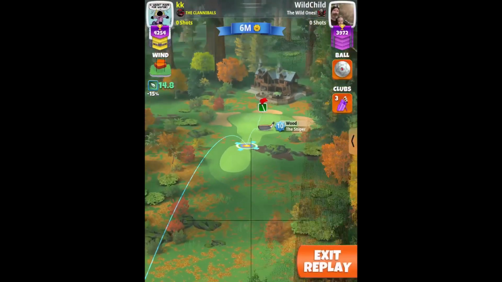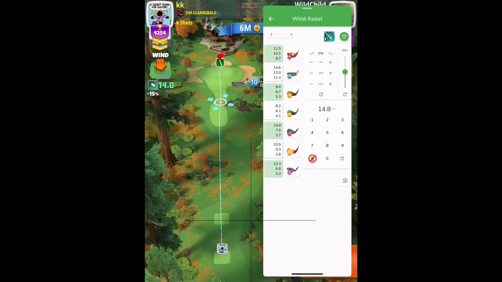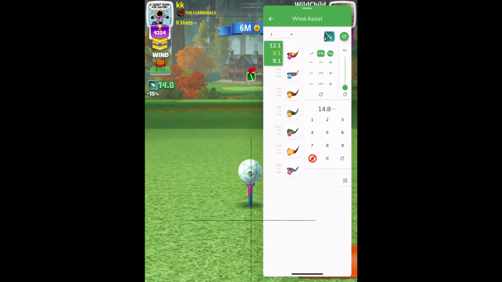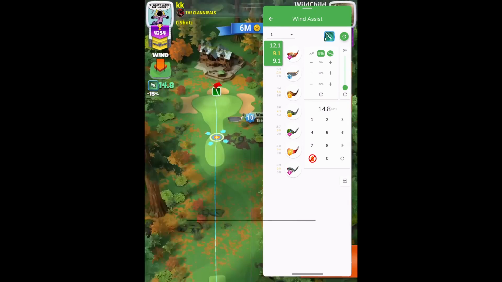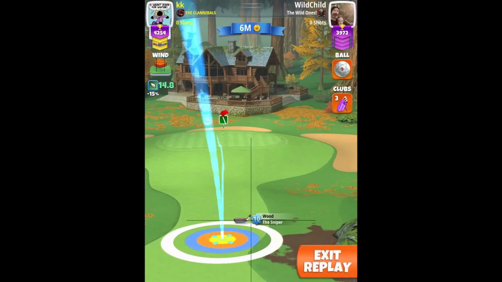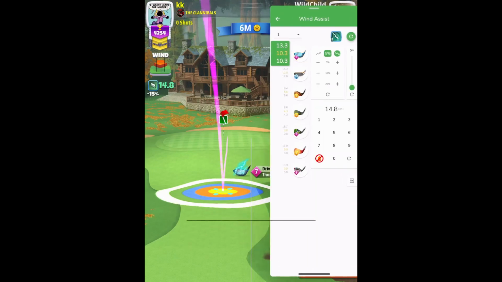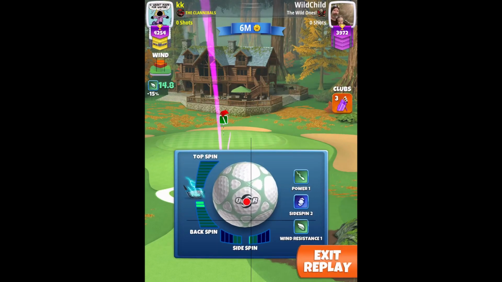Here's a straight headwind that's probably one of the highest winds you can get. And I pushed it up to the minimum driver distance. And here I did about 4.3 backspin and 0.7 left spin.